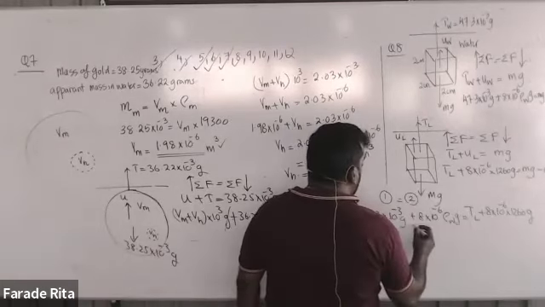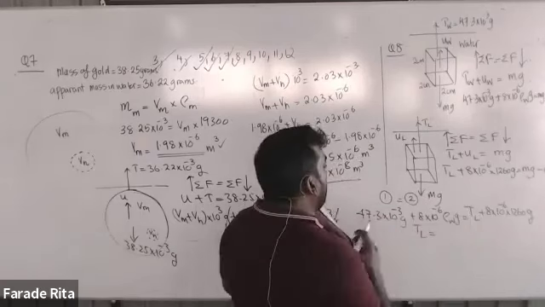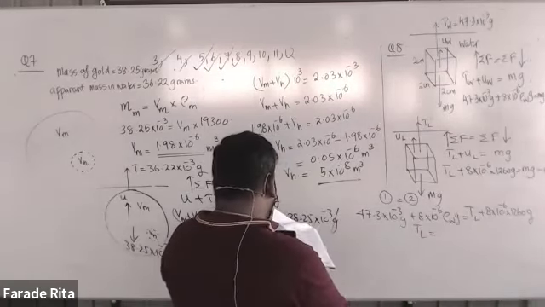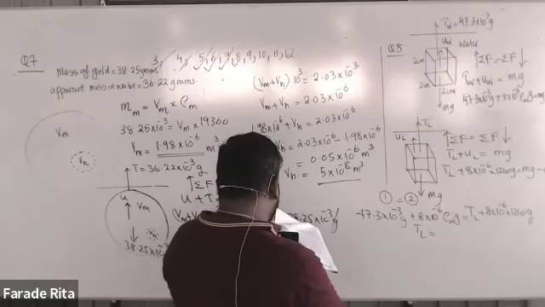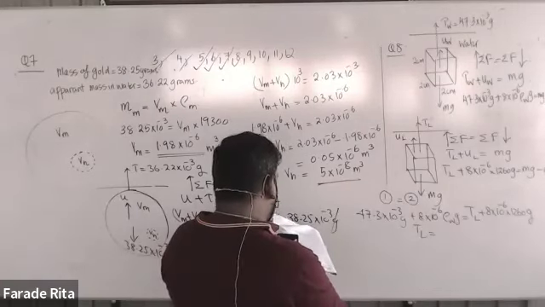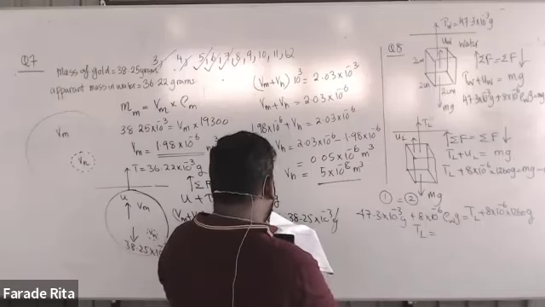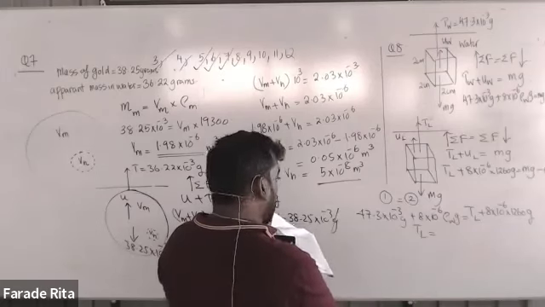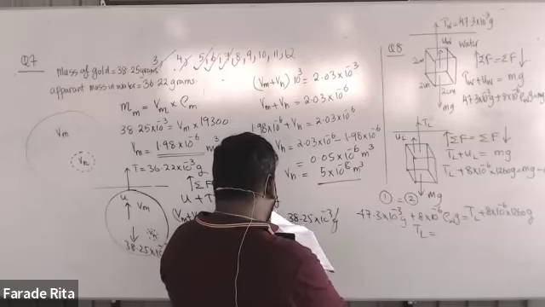Now find tension. Find tension in Newton. So 47.3 times 10 to the power minus 3, plus 8 times 10 to the power minus 6 into 10 to the power 3, into g. g is 10, no? Minus 8 times 10 to the power minus 6 into 1260 into 10.